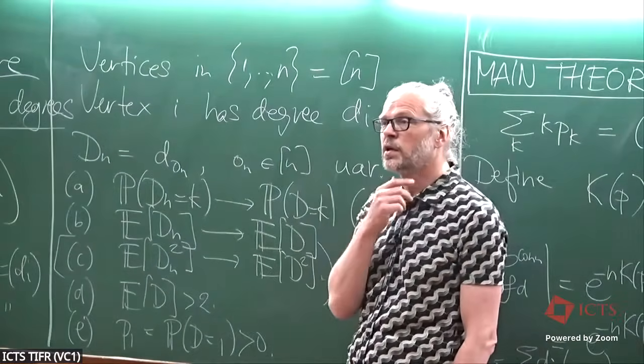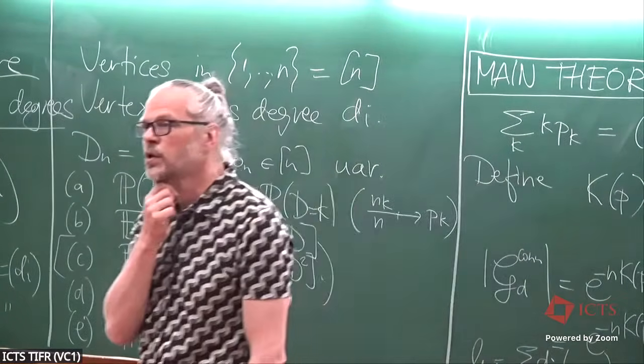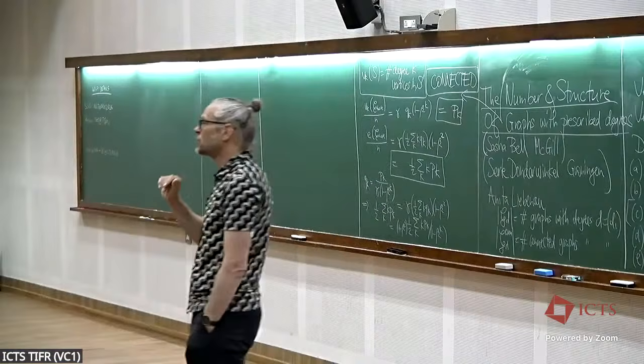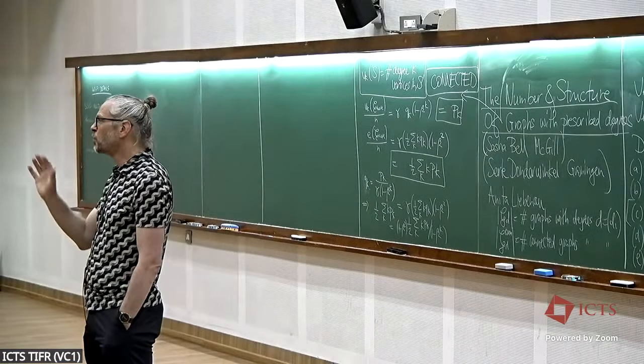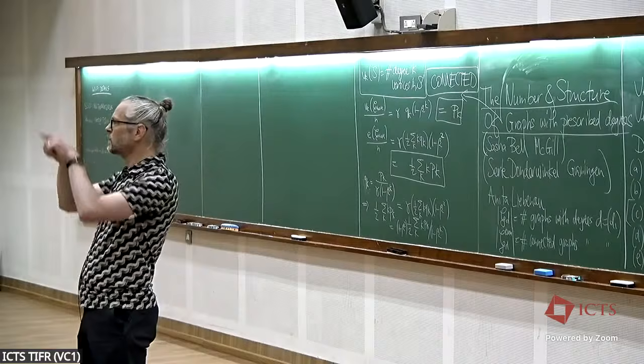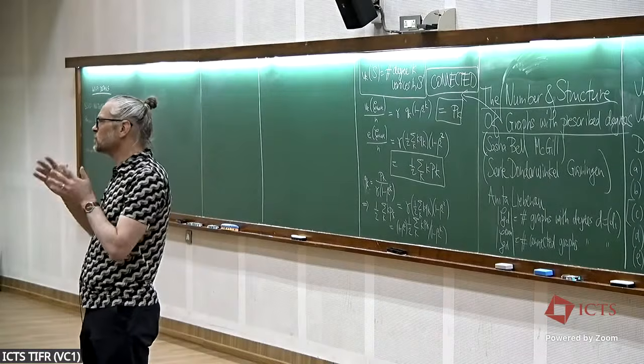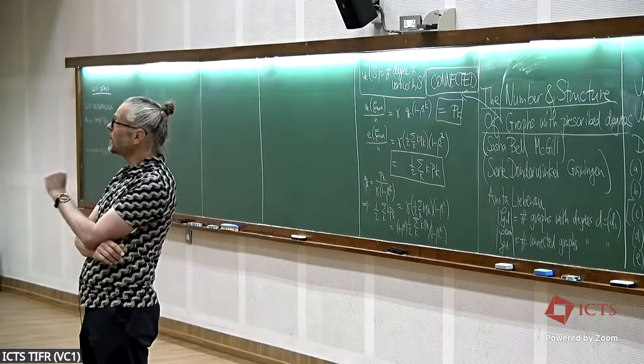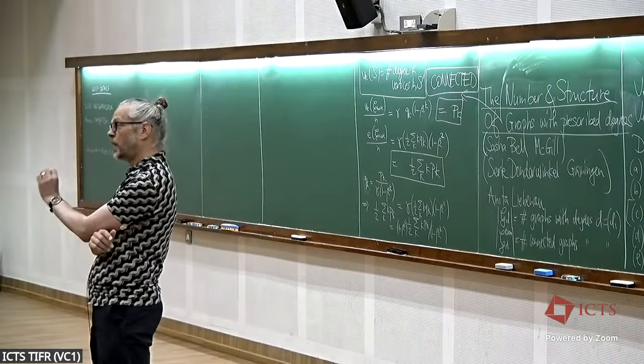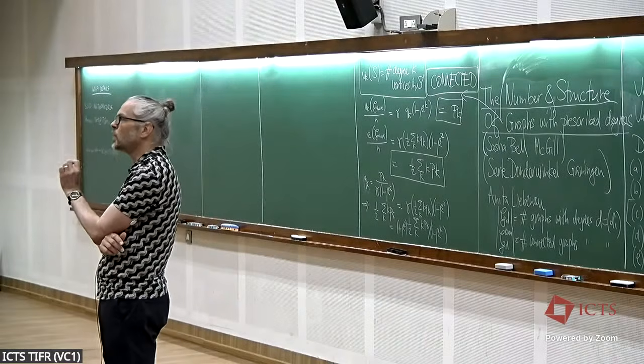I've done that with Lorenzo Federico. And then that probability will also converge to some Poissonian probability of there not being any cycles and not any sort of stretching or something like that. So there we can actually go much further, because then you would have the number of connected components up to a constant.